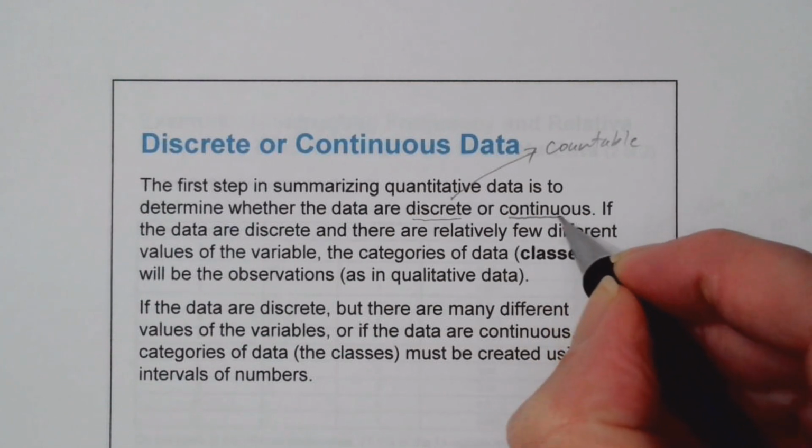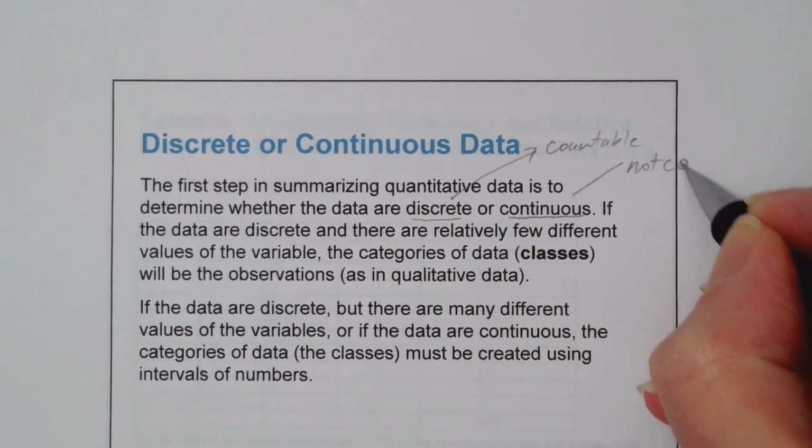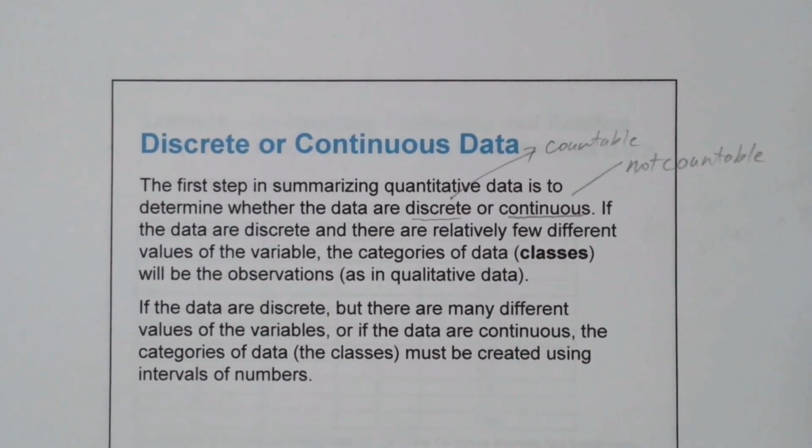That would make continuous data not countable. So generally that means that you can count the number of pieces of data or possible pieces of data. You know, it's a number like 5 or 15 or even a bigger number like 55 or more.